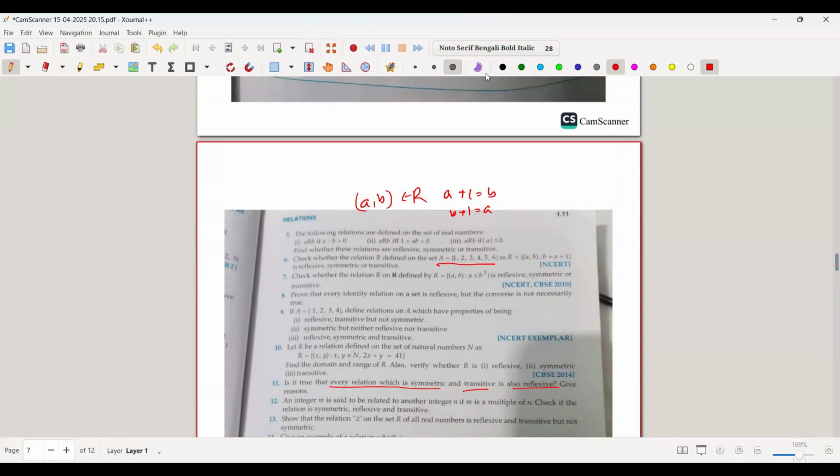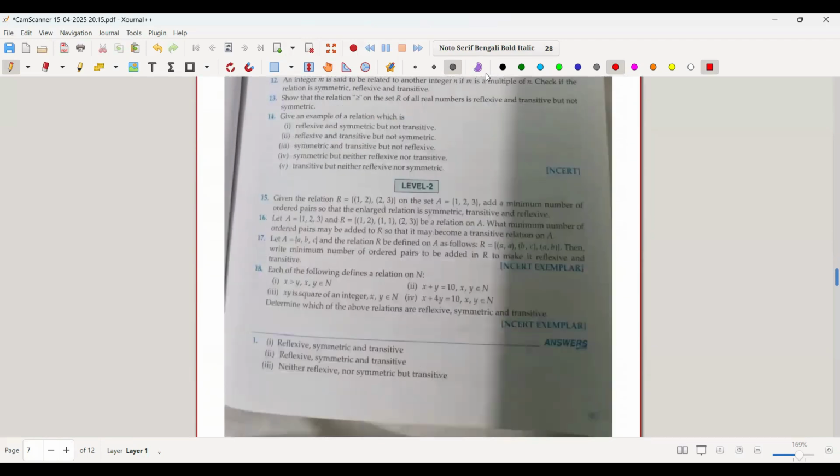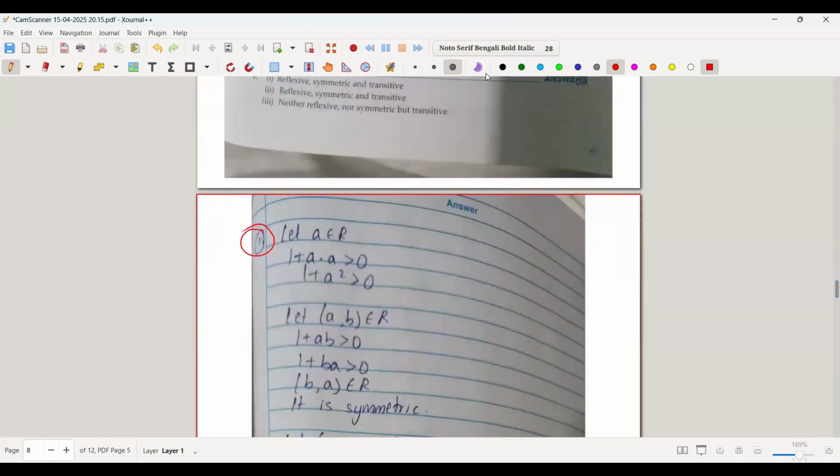So a is related to b if and only if 1 plus ab is greater than 0. Let a belong to R. 1 plus a into a, that is 1 plus a square, is greater than 0 for all a, because a square is greater than or equal to 0 and 1 plus a square is always greater than or equal to 1. So it is greater than 0.